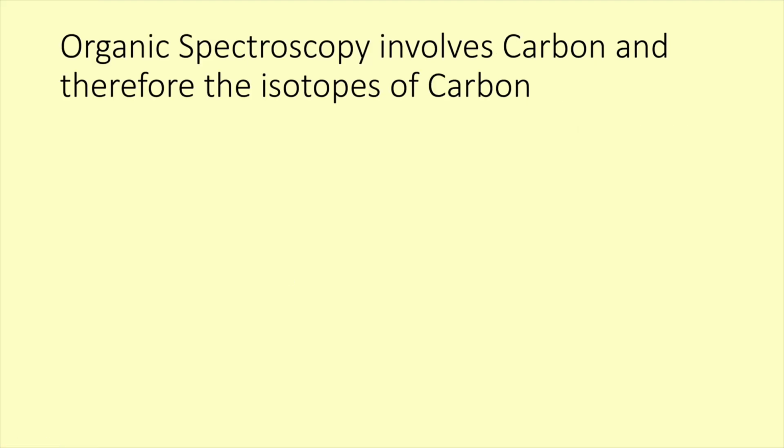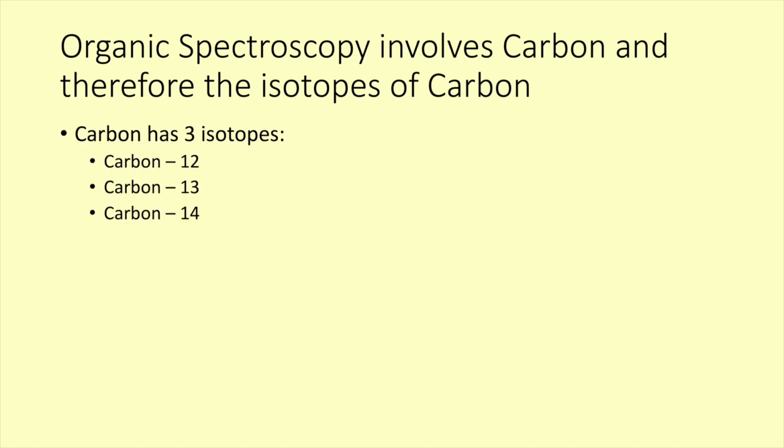So when we're talking about organic spectroscopy, we're talking about organic molecules, and therefore we're talking about molecules which contain carbon. And so the isotopes that we really care about for these is going to be our carbon isotopes. So the 3 carbon isotopes there are carbon-12, carbon-13 and carbon-14.